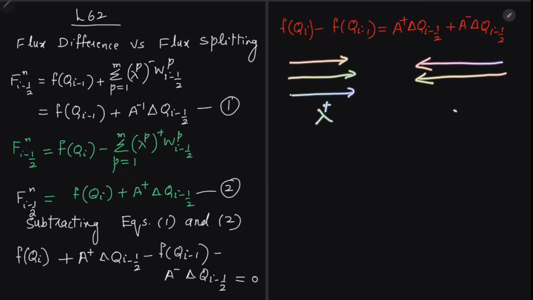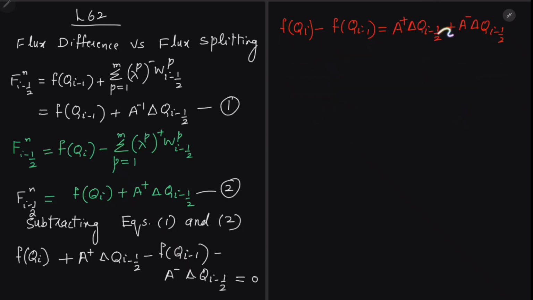When we have the wave moving from right to left, then we have lambda negative. So we need to split the flux as well, which we already did, and we gave it a plus sign and a minus sign. This plus and minus sign in the superscript shows that the wave is moving from left to right or right to left. So we already saw what that flux is.